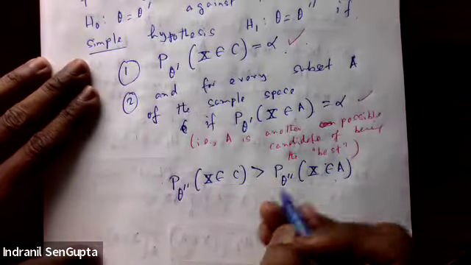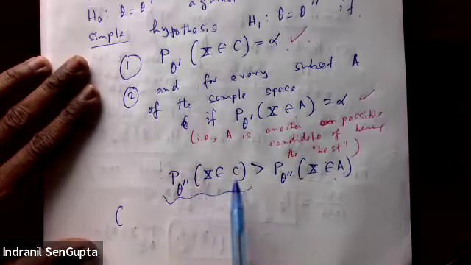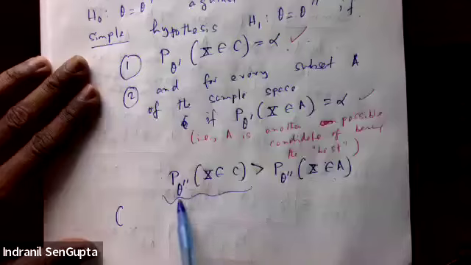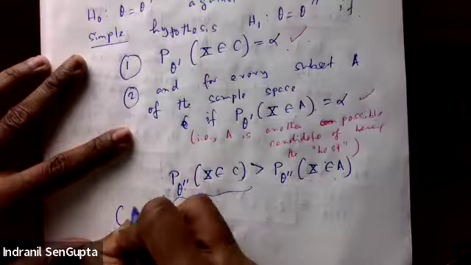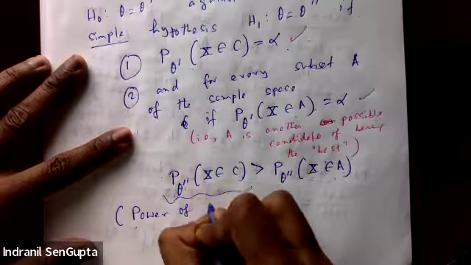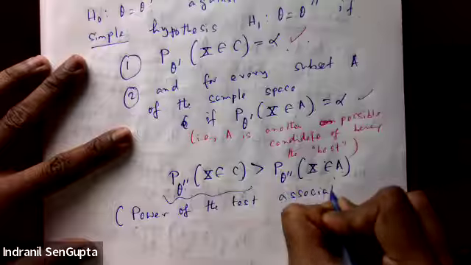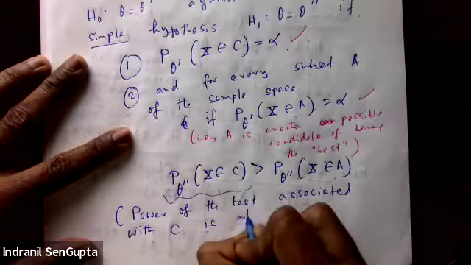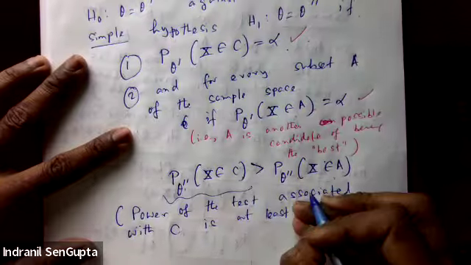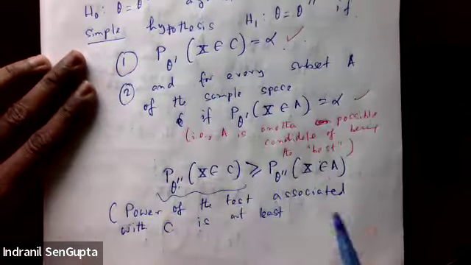All right. Another way of writing this: if you recall, this is the probability of rejecting the null hypothesis when the alternative hypothesis is true. So basically, this is the power of the test, right? The test associated with C is at least, let me rewrite it, bigger than or equal to. In general, it should be bigger than or equal to.